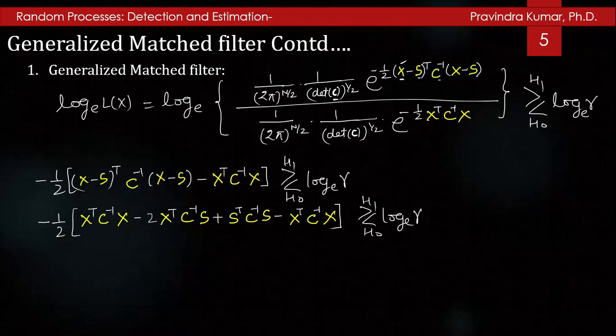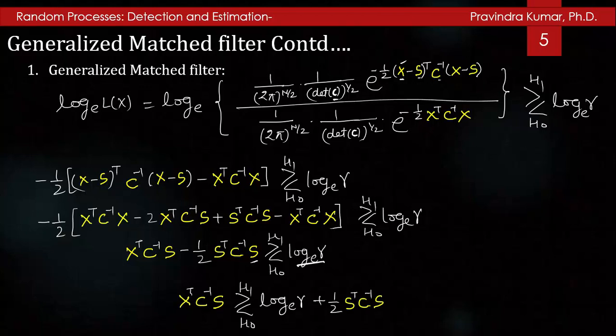Or you can further express this as 1 by 2 of x transpose C inverse x minus 2 x transpose C inverse s plus s transpose C inverse s minus x transpose C inverse x, greater or less than log gamma. So you can also write it as x transpose C inverse s minus 1 by 2 s transpose C inverse s greater or less than log gamma.